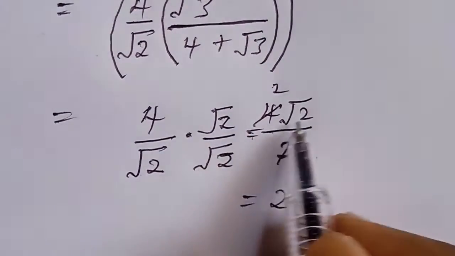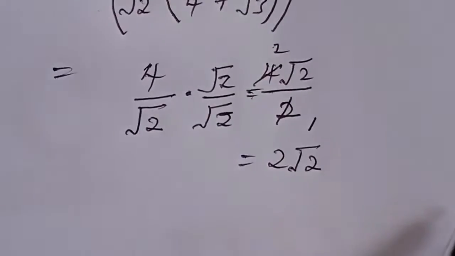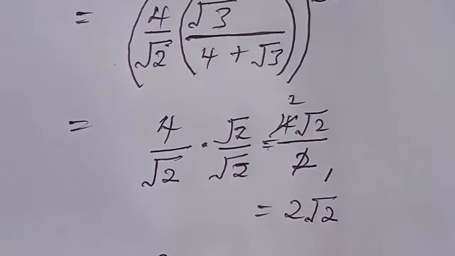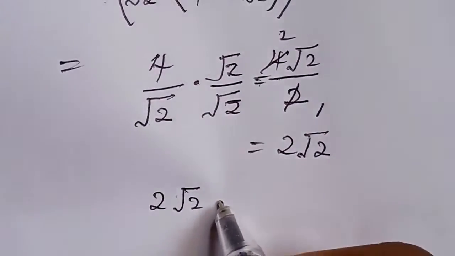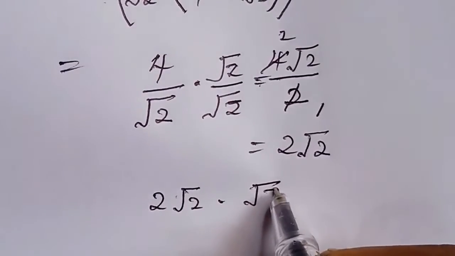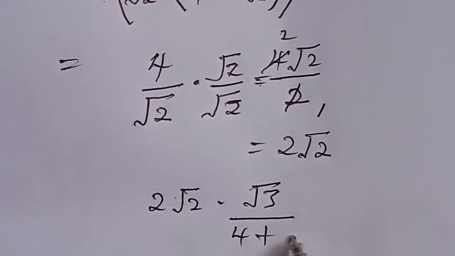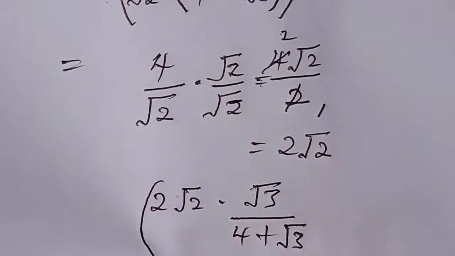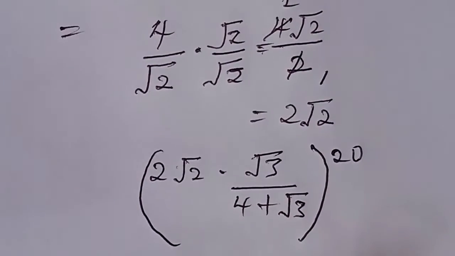So the whole of this will be given as 2 square root of 2, and we can replace that over here. So we now have 2 square root of 2 multiplied by square root of 3 over 4 plus square root of 3. Everything will be into brackets to the power of 20.